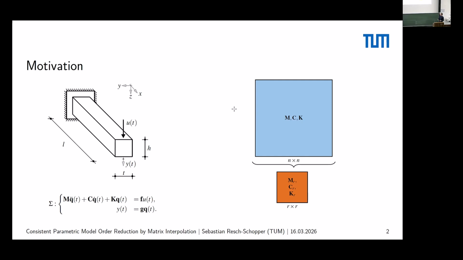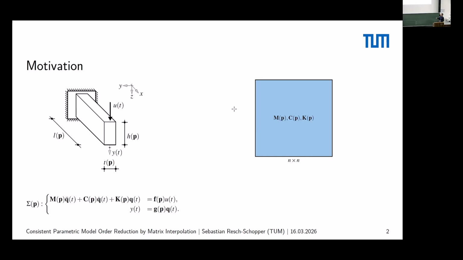efficiently. However, as my title says, I'm looking into parametric problems, and actually I'm mainly looking into geometric parameters. So we could assume that the dimensions of this beam are the parameters of our model. This of course translates to the system that we are solving, so all our matrices may depend on these parameters.